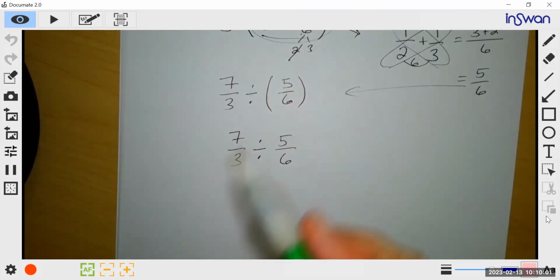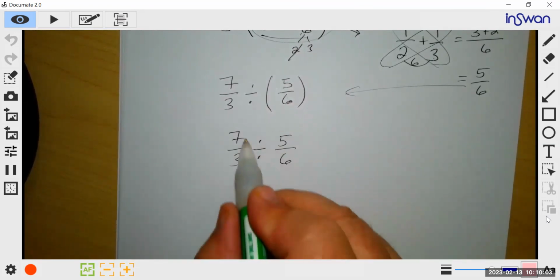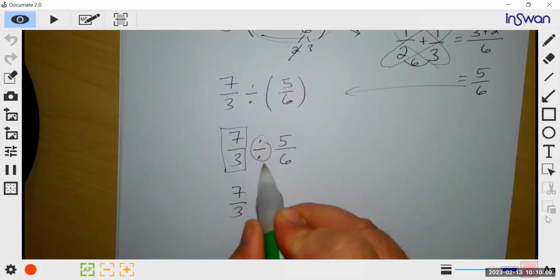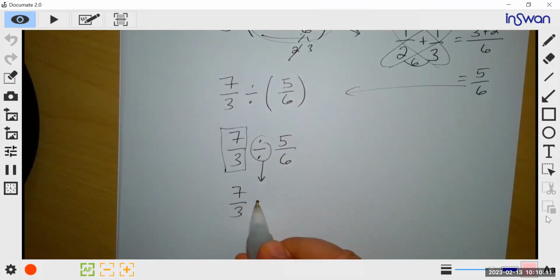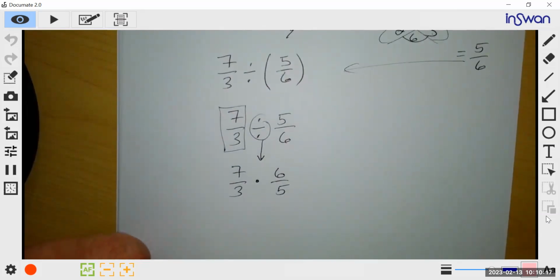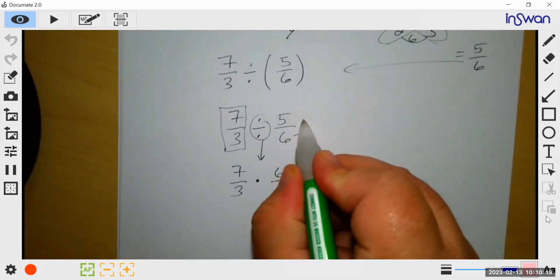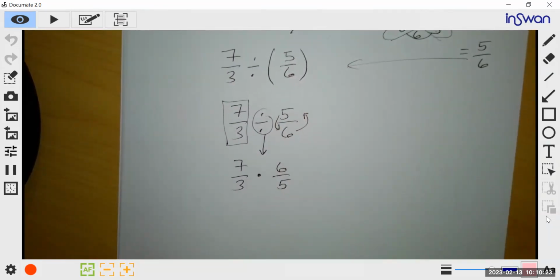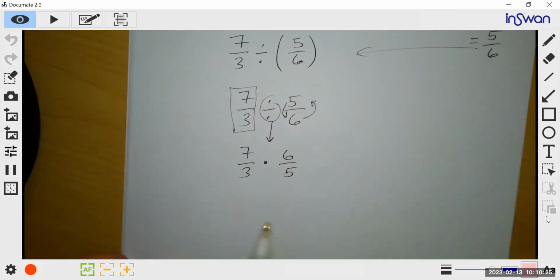Now, what's the rule about a fraction divided by a fraction? Leave the first one alone. Change the second one to multiplication. And then flip this. Very good. Before you multiply fractions, what should you always do?